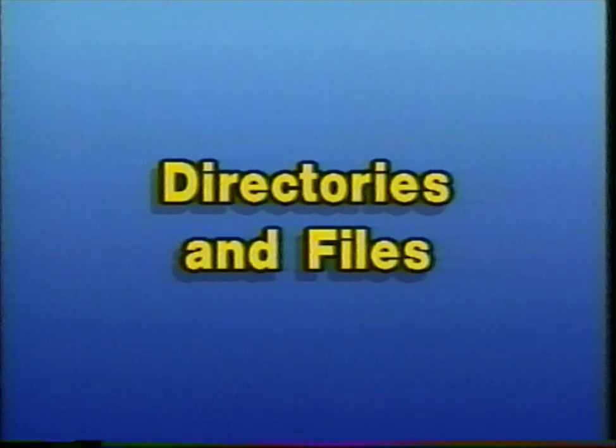Next we'll show how to use simple DOS commands to access information in files and directories. Data files and programs are stored within directories on a disk and are accessed by DOS using directory and file commands.